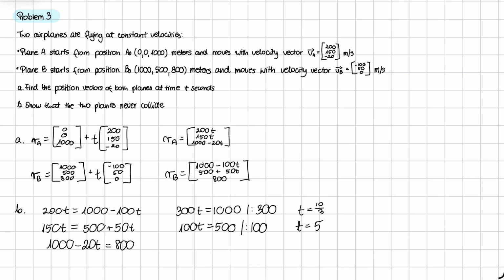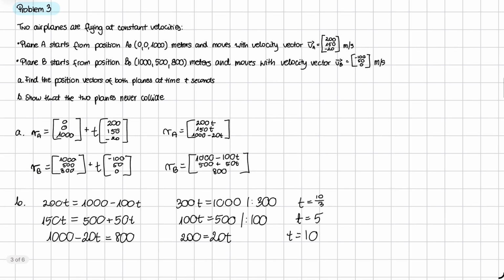In the last one, we have 200 equals 20t, so t equals 10. As you can observe, this value is not the same as this one and this. That's why they never collide.